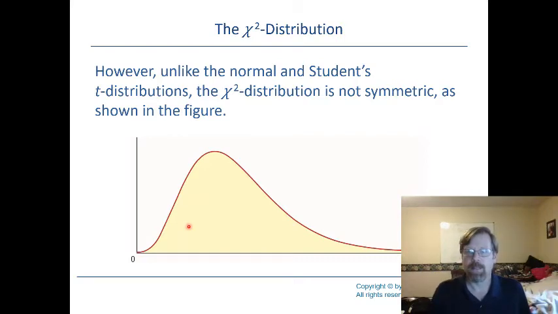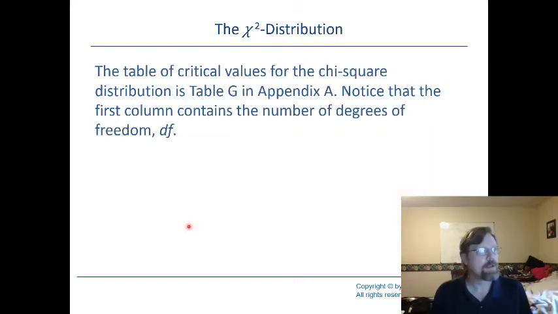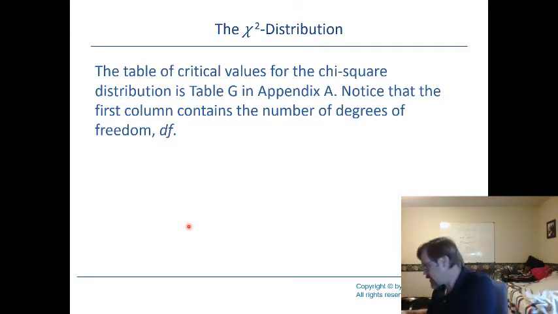So we again have critical values in a table in the back of the book. They are in table G, excuse me, of Appendix A. So that is F. There we go. It's on page 902.